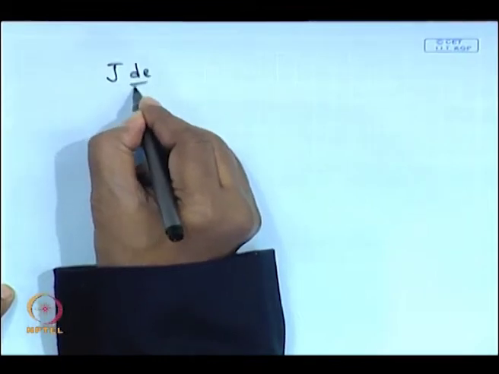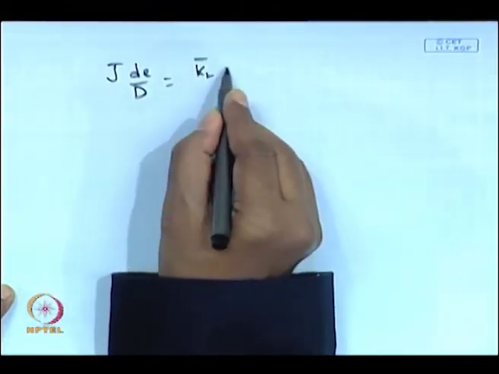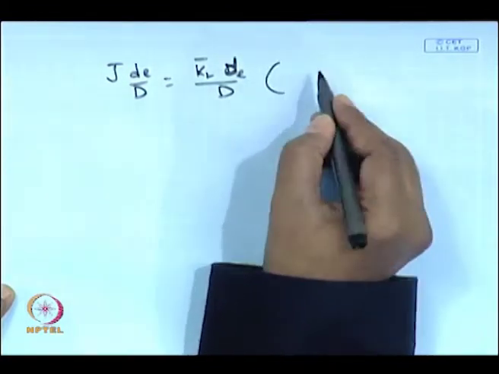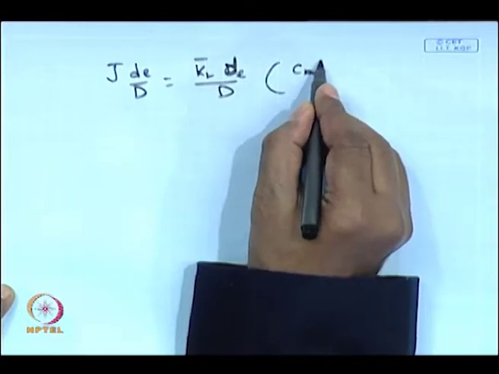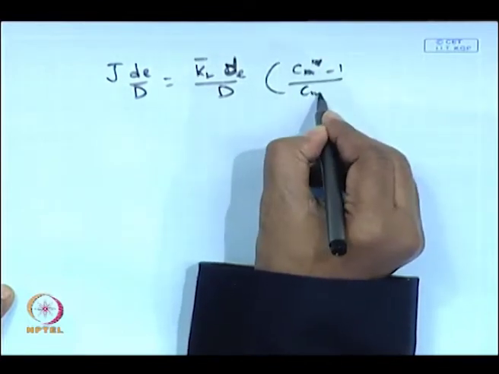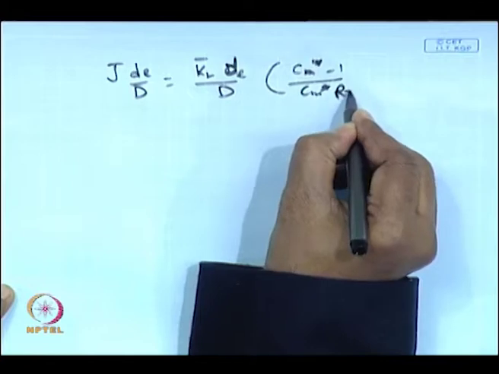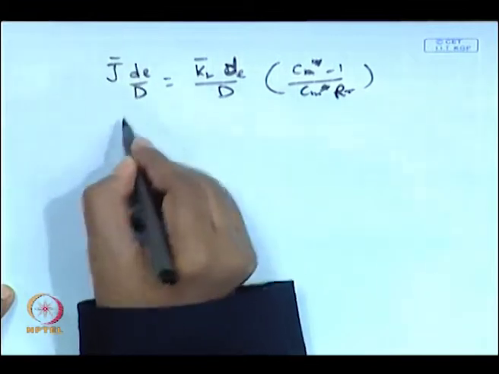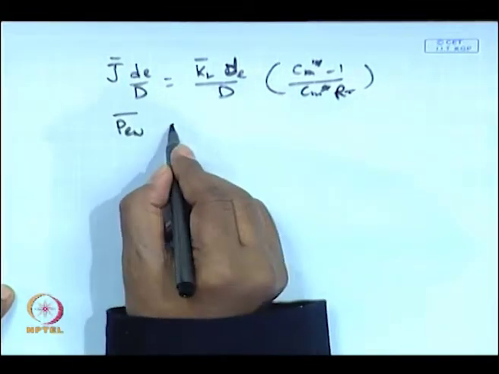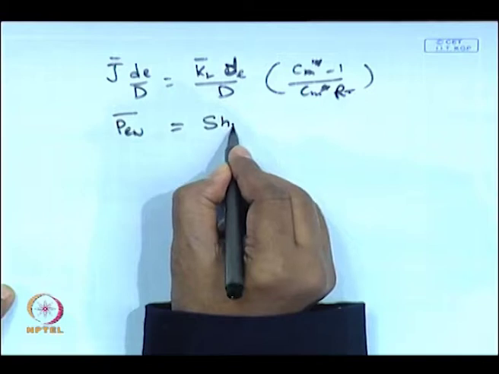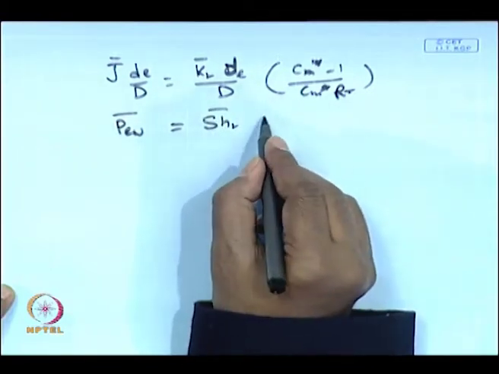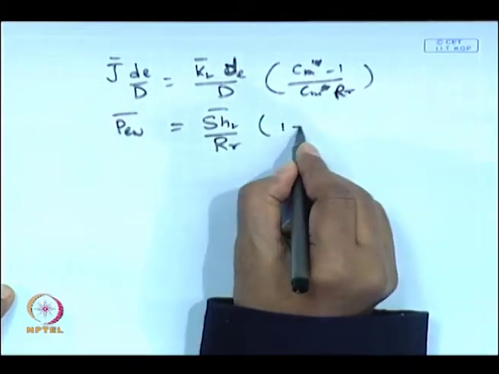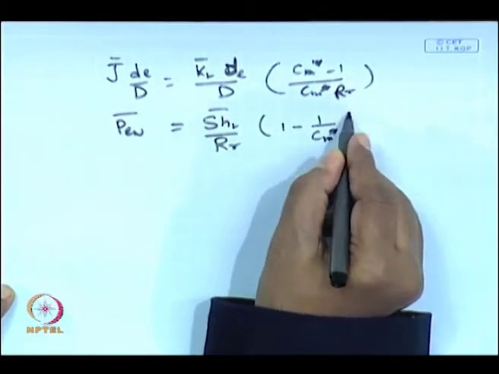J d by D is equal to KL bar dE by D times Cm star minus 1 divided by Cm star RR, right. So this becomes nothing but the length averaged non-dimensional permeate flux PW, and this will be the length average Sherwood number, divided by RR times 1 minus 1 by Cm star.